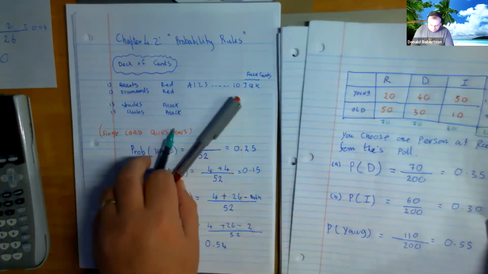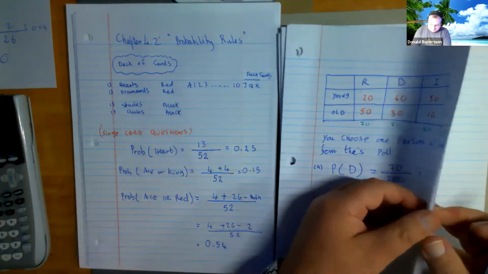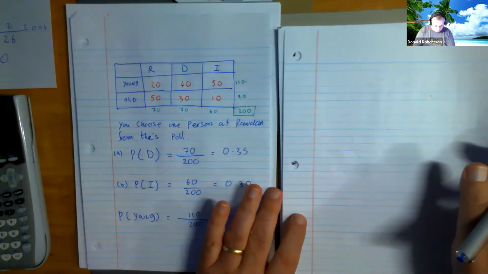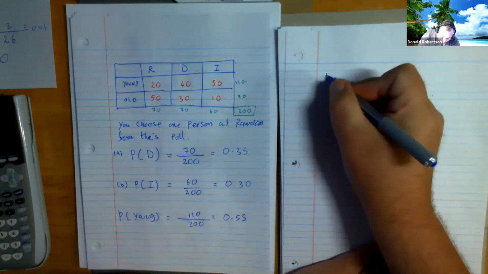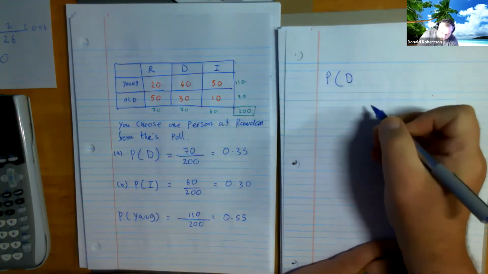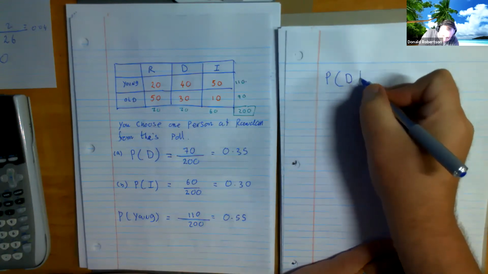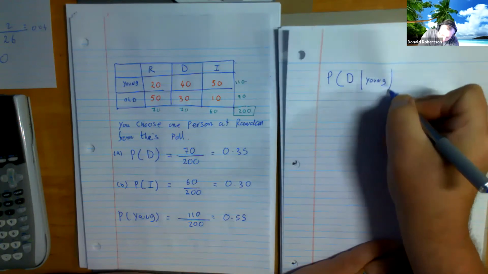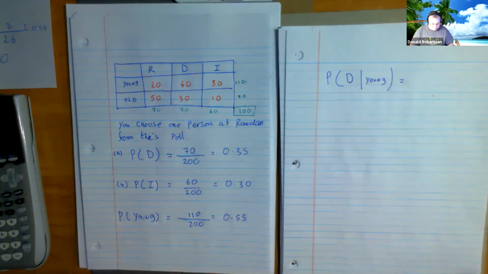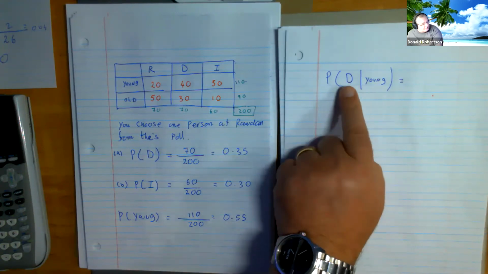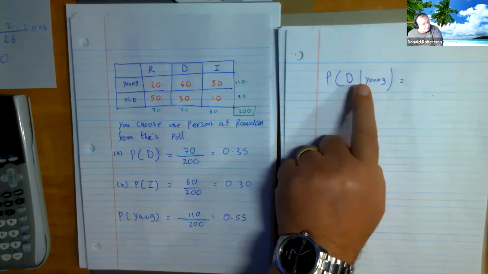So what I'm going to now do is make them harder by giving you a conditional probability. So what's the probability that you choose a person at random and that they're a Democrat, given that they were young? So you know that they're young. What's the chances that that person you chose was a Democrat?